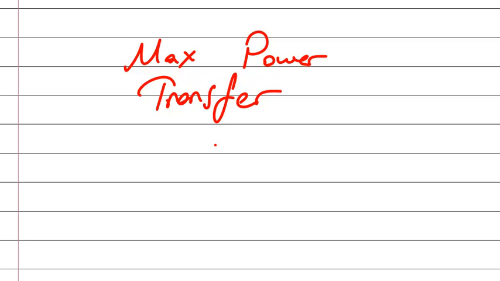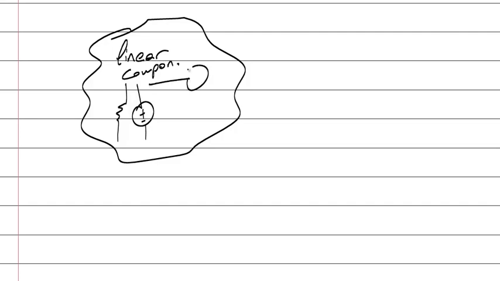Maximum power transfer. Consider you have a circuit, and it's composed of linear components such as resistors, sources, but linear sources.